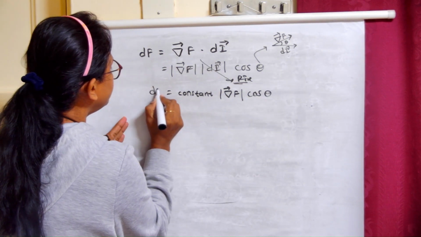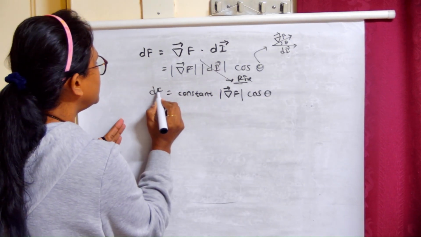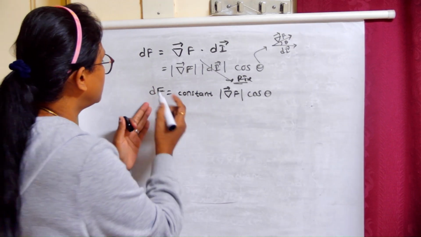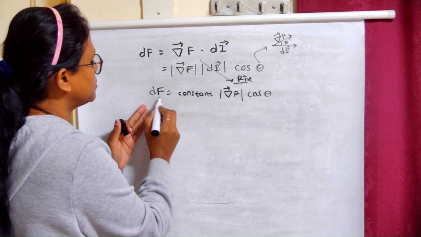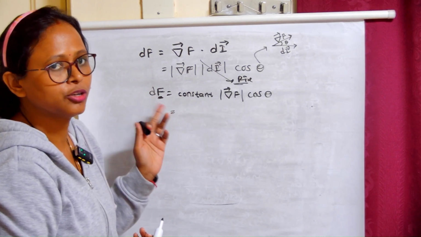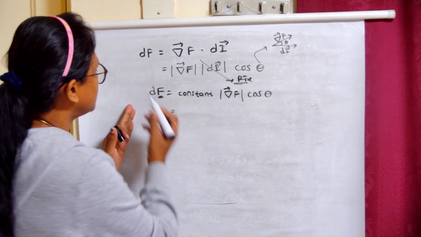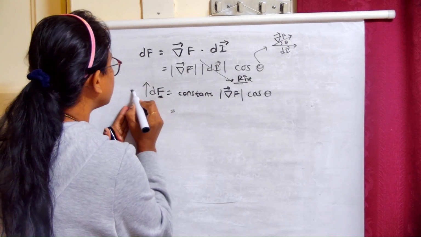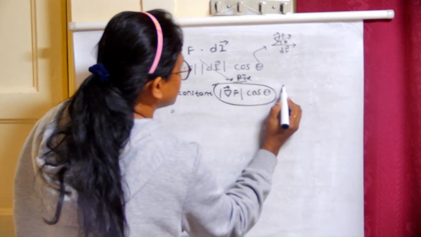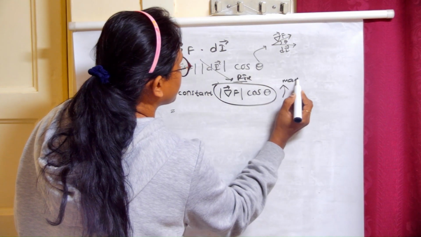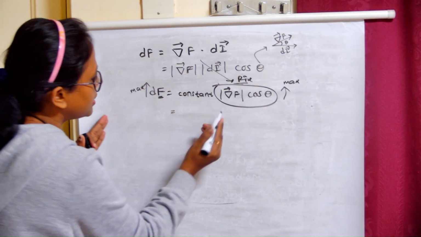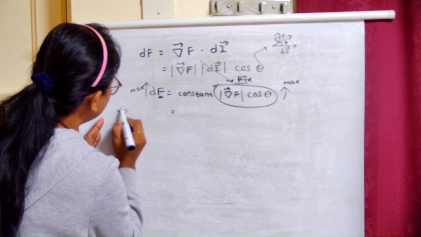So this is the increment or the variation that is happening in the scalar function f. That means this df can become maximum when this term is maximum.